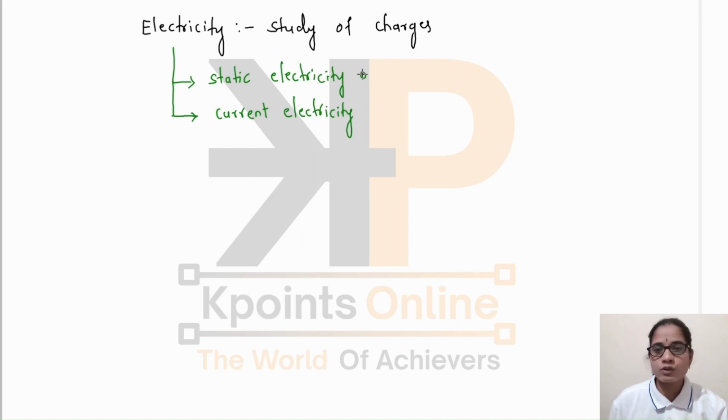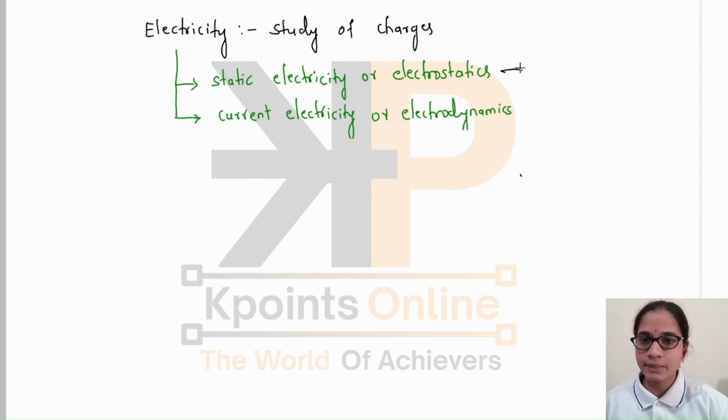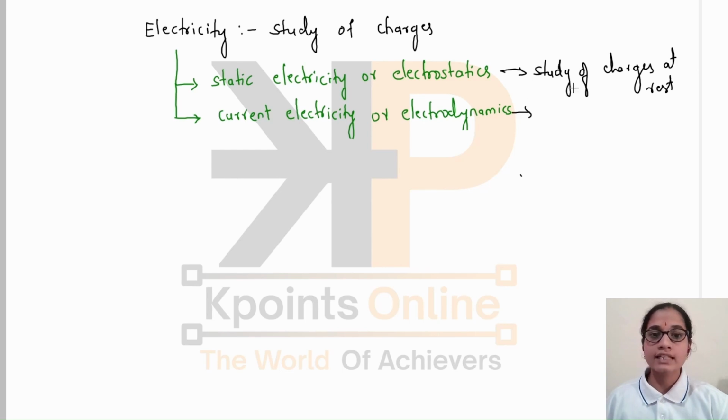Static electricity is also called electrostatics and current electricity is also referred to as electrodynamics. Static electricity mainly deals with the study of charges at rest, and current electricity or electrodynamics deals with the study of charges in motion.